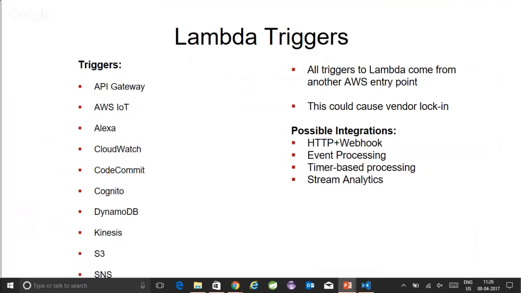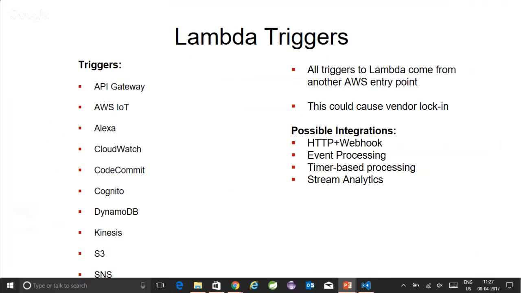So these are the triggers available for your Lambda function. You can trigger it from my API Gateway, which we are doing right now, or from AWS IoT or Alexa, which is a voice-based service. Next is CloudWatch. You can trigger it from CloudWatch, CodeCommit, Cognito, DynamoDB, Kinesis, or Simple Notification Service.